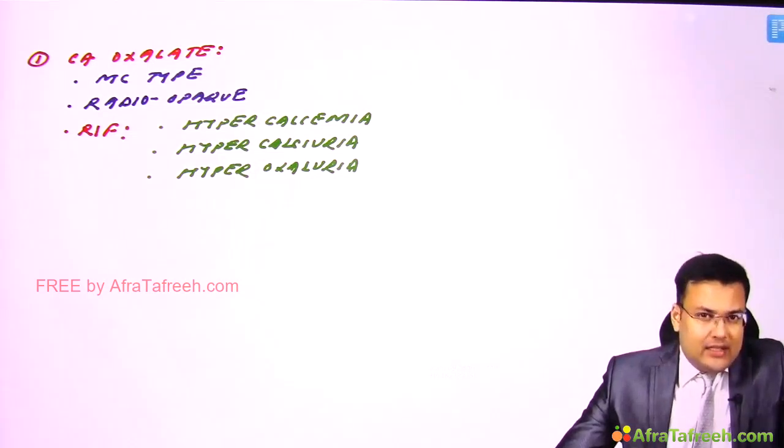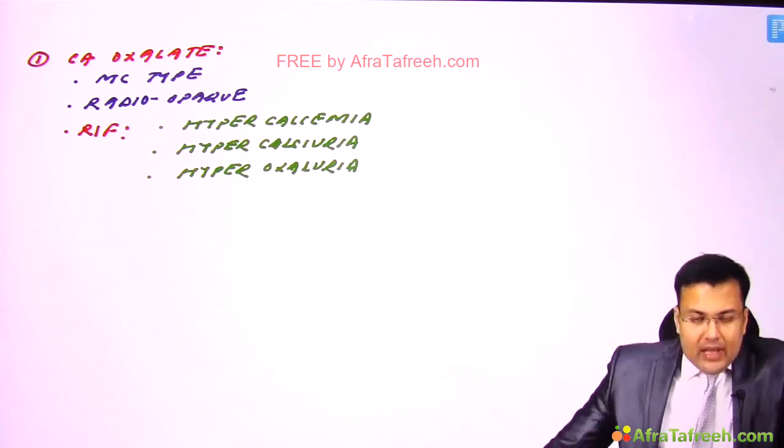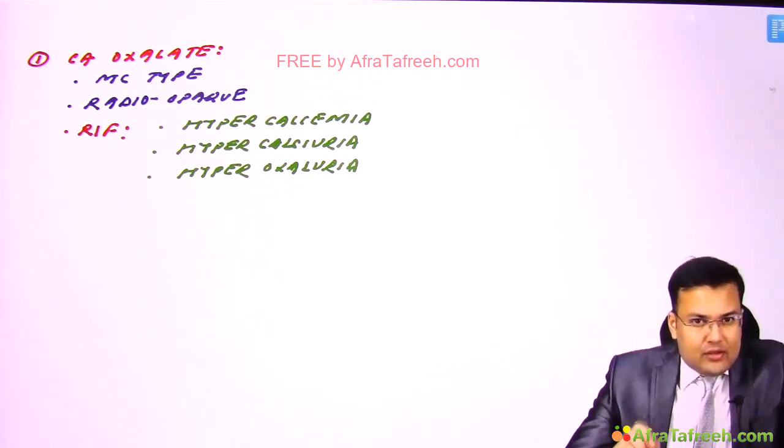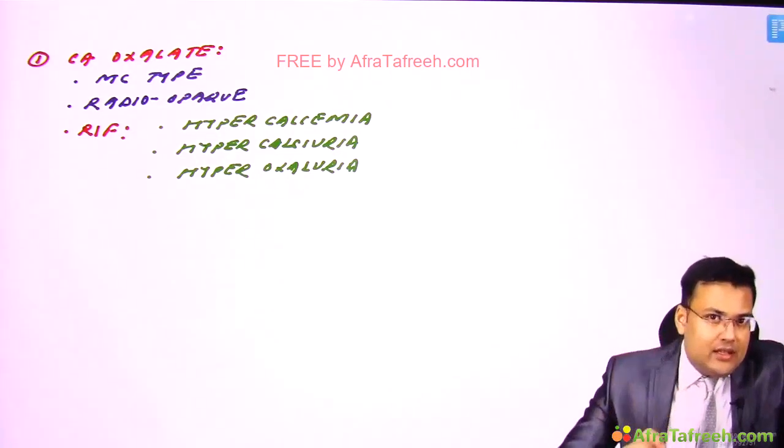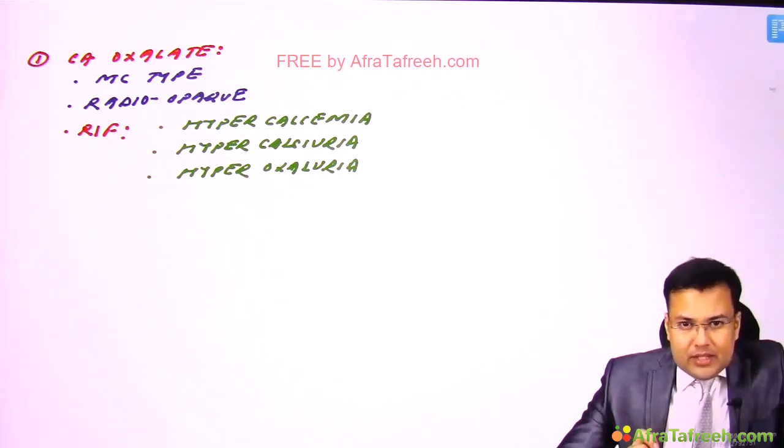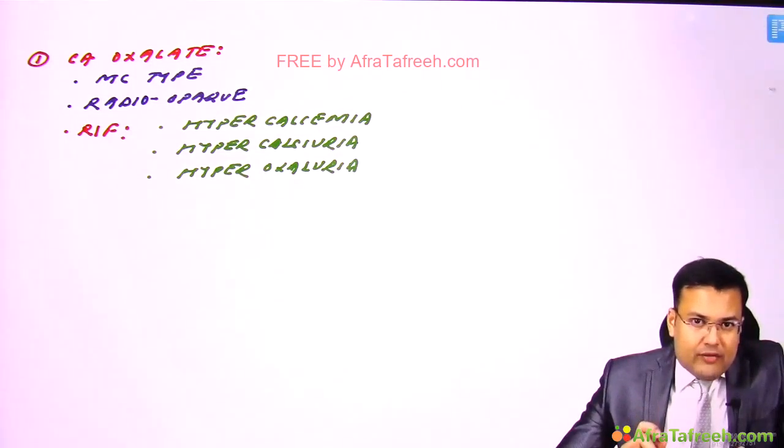Okay. Second, what is the most common radiolucent renal stone? And that is uric acid stone, right? So uric acid stone is the most common radiolucent renal stone. For formation of uric acid stone, obviously there should be increased concentration of uric acid in the urine. It means the person must be having hyperuricemia. So increased concentration of uric acid in the blood and urine increases the risk.